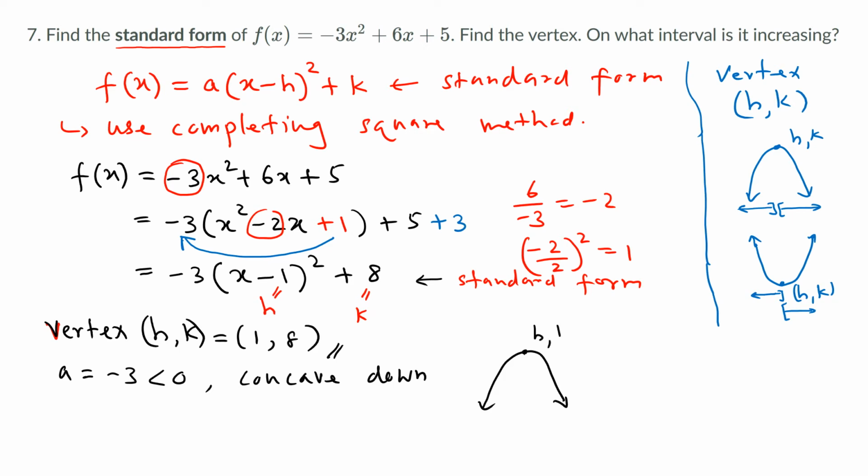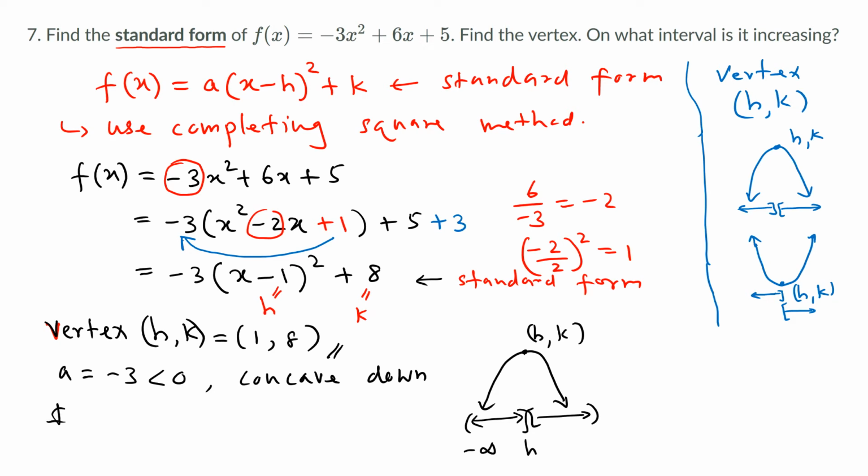So that is the (h, k). That means it is decreasing on the interval from h to positive infinity. So increasing on the other interval, from negative infinity all the way to h.